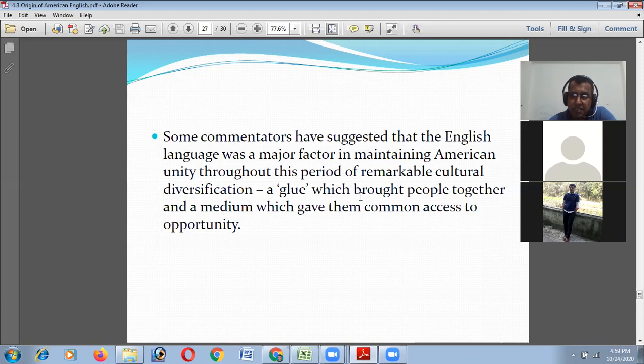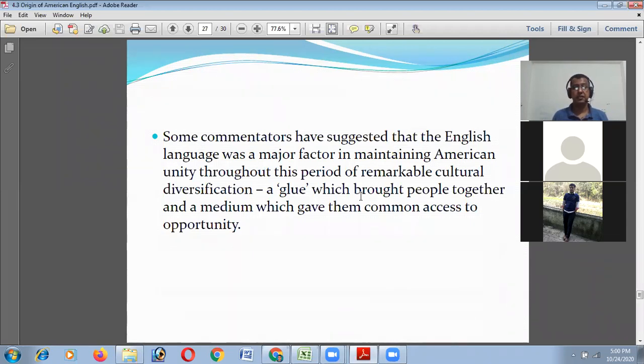Though we see that the American people came from diversified cultural origins. That means the people of Europe, the people of Africa, the people of the Indian subcontinent, from all over the world, the people went to the USA. So we do not see any linguistic change or cultural change.